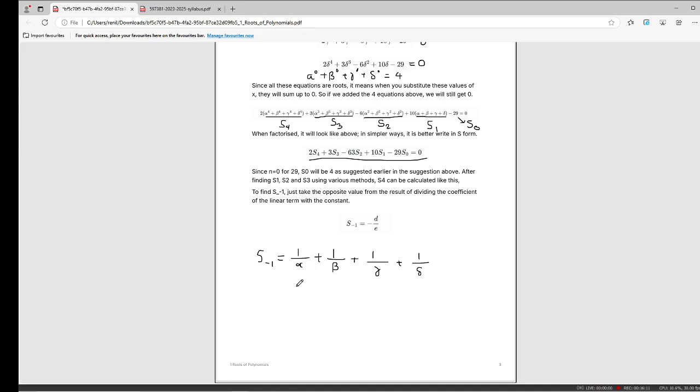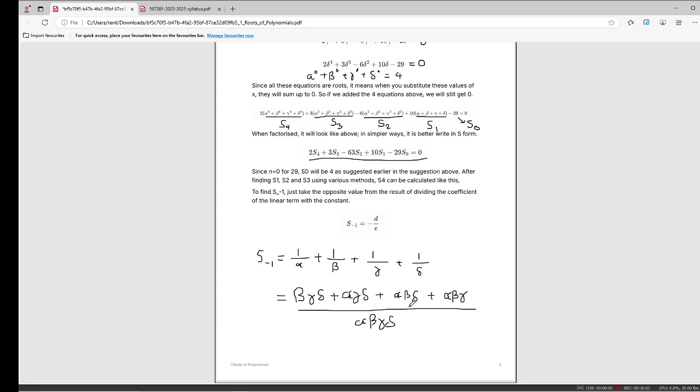Okay, so let's just simplify this. If we multiply the denominators in such a way that we get alpha, beta, gamma, delta as the denominator, we're going to get beta, gamma, delta plus alpha, gamma, delta plus alpha, beta, delta plus alpha, beta, gamma, and we're going to divide this whole thing by alpha, beta, gamma, delta.